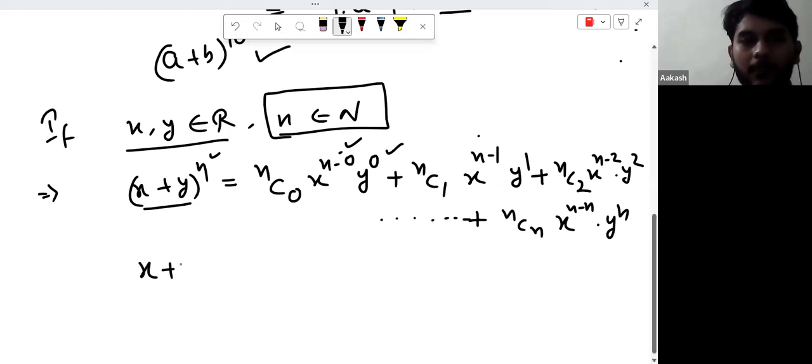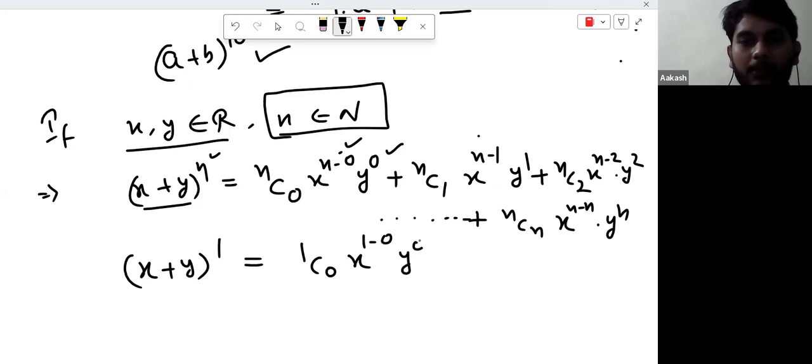So suppose we have x plus y to the power 1. It should be valid for this. So the value of n is 1. So 1c0 x to the power 1 minus 0 y to the power 0 plus 1c1 x to the power 1 minus 1 y to the power 1. Right? We can fill this pattern.